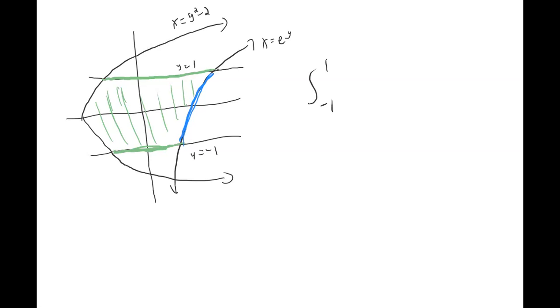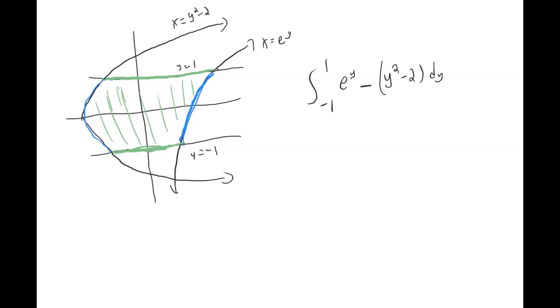E to the y, good. Minus the left, and you see in this case, it doesn't split, because we don't need to solve for x. So this parabola is actually one whole function. It doesn't split into two square roots. So the left is just this thing, which is y squared minus 2 dy.